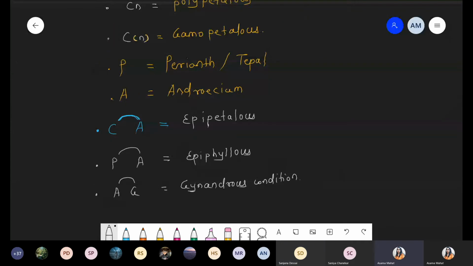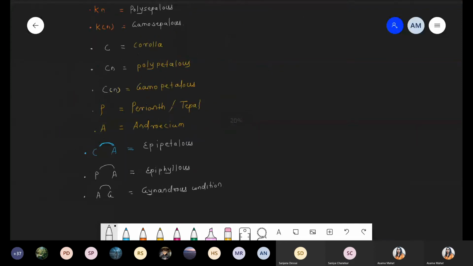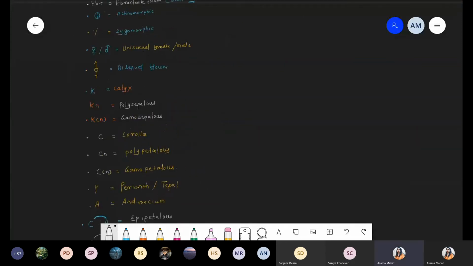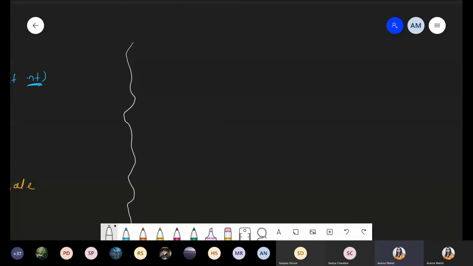Now, next condition. I'm using this half page now. If we are talking about capital G, it represents the gynoecium, the female reproductive part.